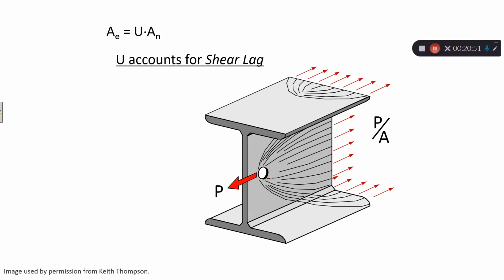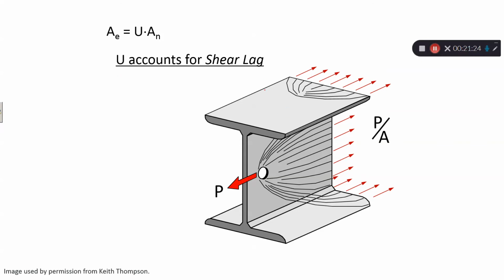Shear lag means it takes a while: very close to the connection of a partially connected member the cross section is not fully stressed, and far away from the connection it becomes fully stressed. So U accounts for that effect.